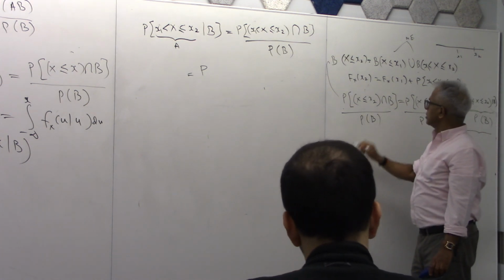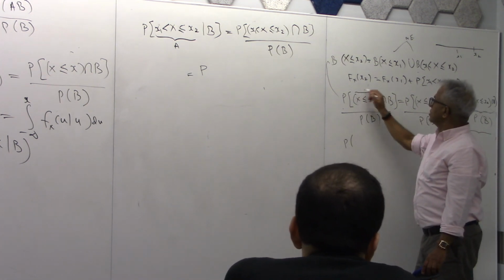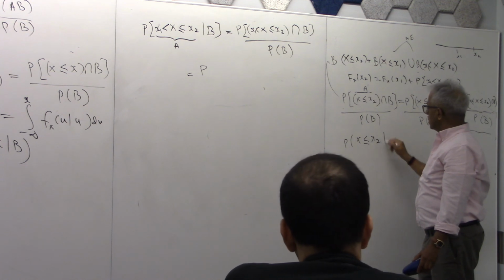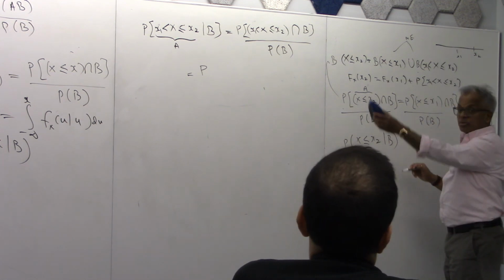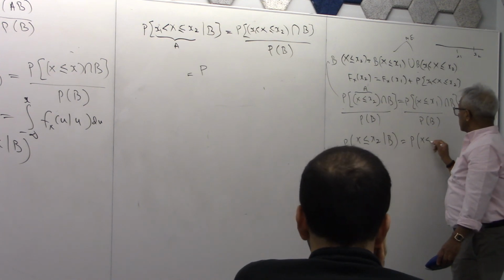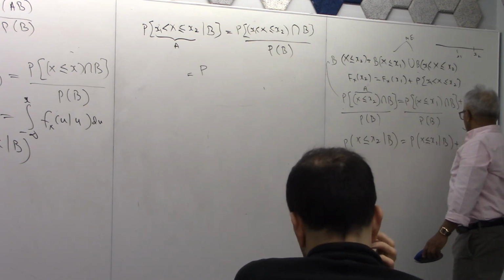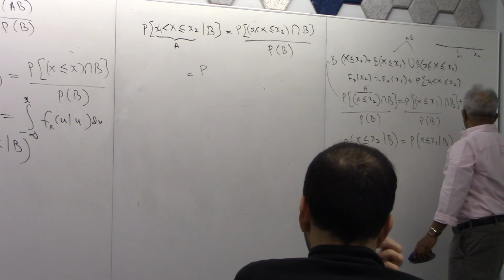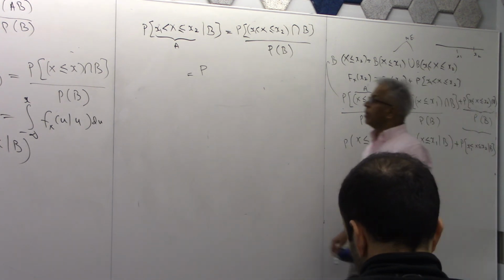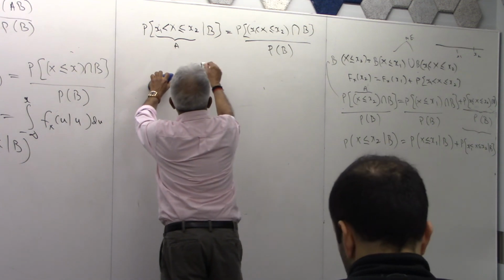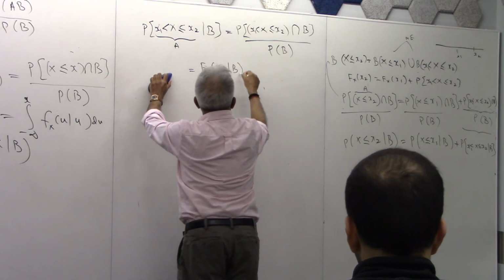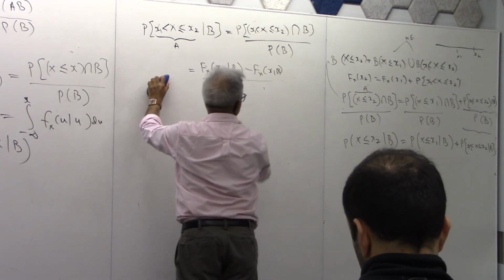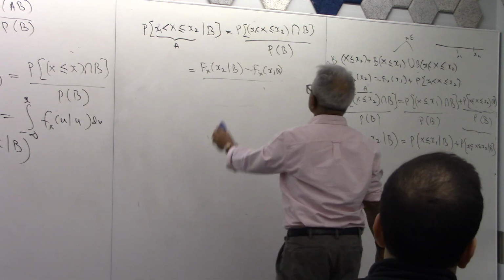Of course, if you call this A, the probability of AB divided by P(B) is A given B. So this is x less than x2 given B, the conditional distribution function, equal to the probability of x less than x1 given B plus the probability of x being between x1 and x2 given B. So this is F_X of x2 given B minus F_X of x1 given B over, that's it, right?